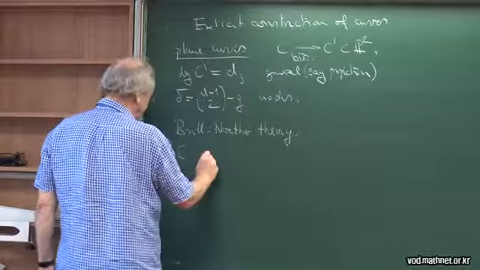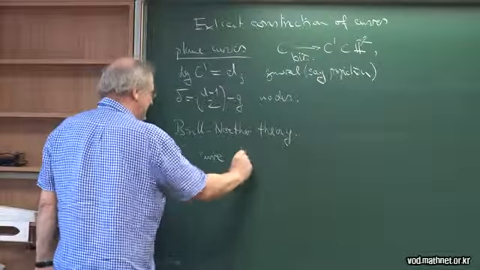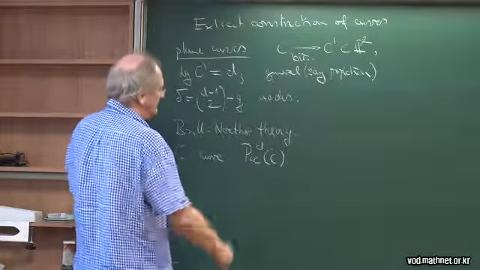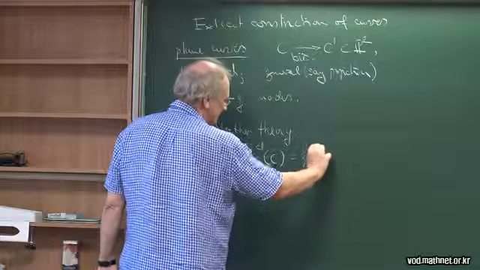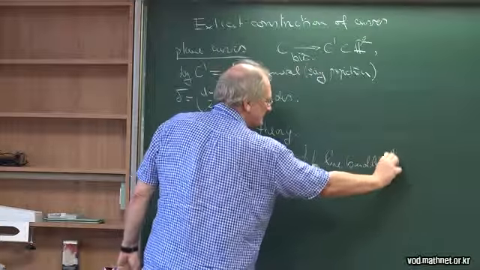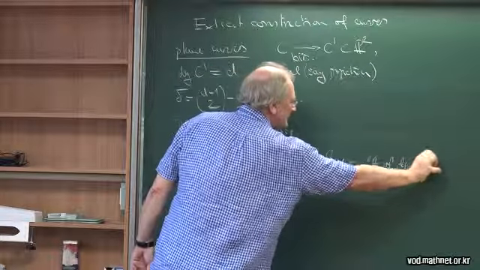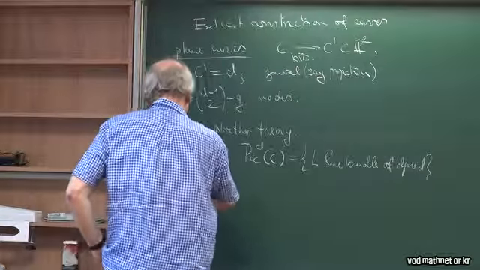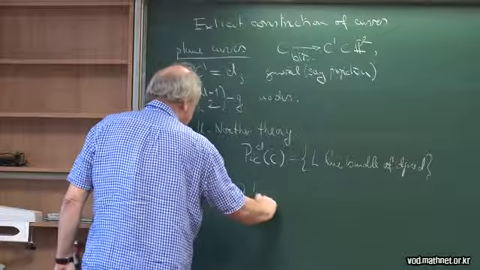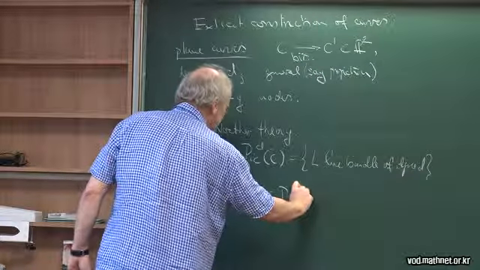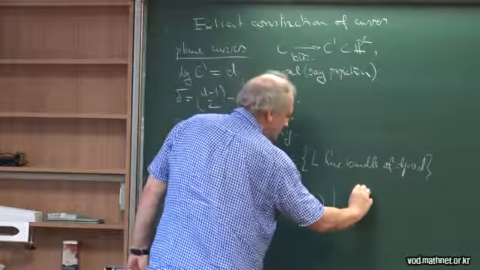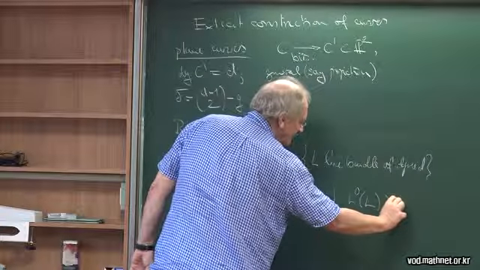Let C be a curve, then pick Pic^d of C, the line bundles L of degree d. Then we have the Brill-Noether loci W^r_d of C, which are line bundles L in Pic^d of C such that h0 of L is at least r plus 1.